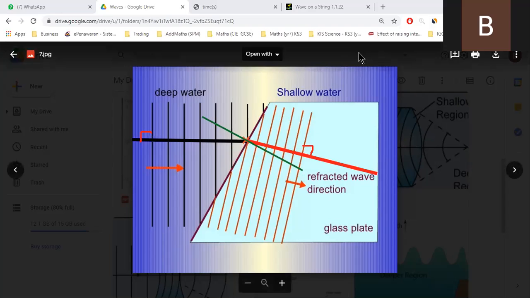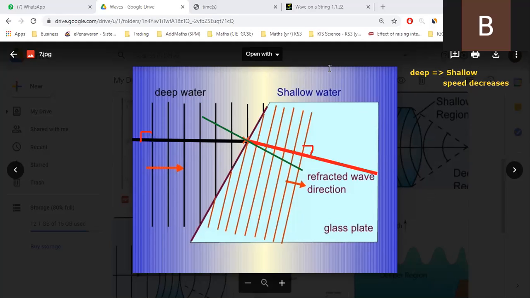So now, when the wave goes from deep water to shallow water, does the speed decrease or increase? Right down here. Deep to shallow. On your right. The speed decreases, correct? The speed decreases and the wavelength decreases.